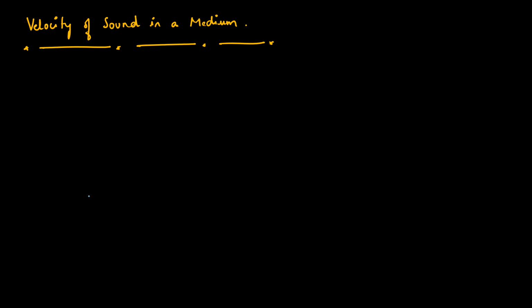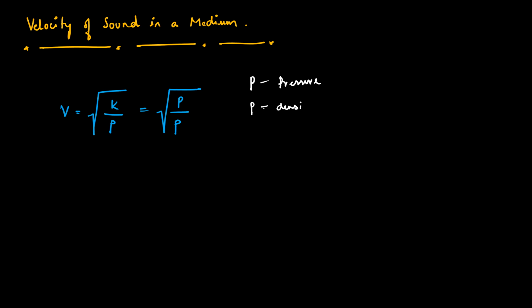So the velocity, or let me directly write down the formula. So the velocity would be equal to the square root of k divided by density, and this is also equal to root of p divided by rho, where p is your pressure and rho is your density.